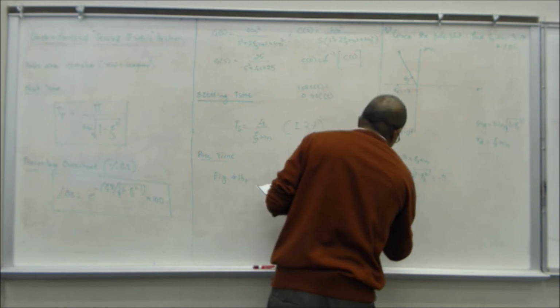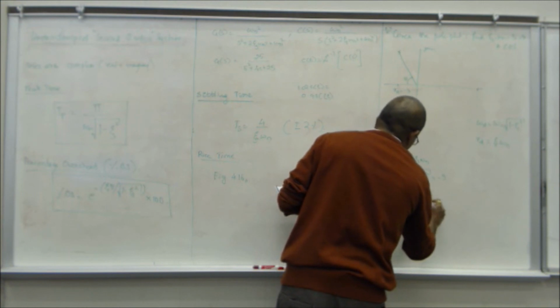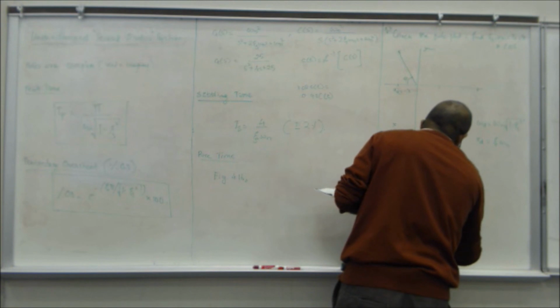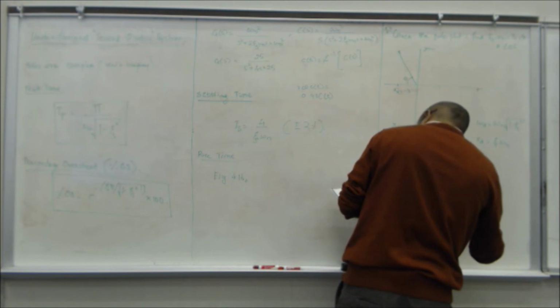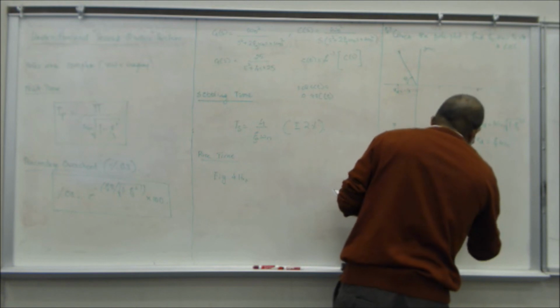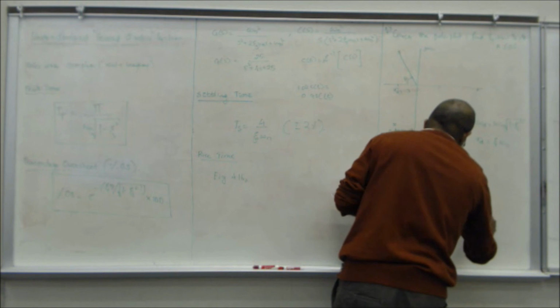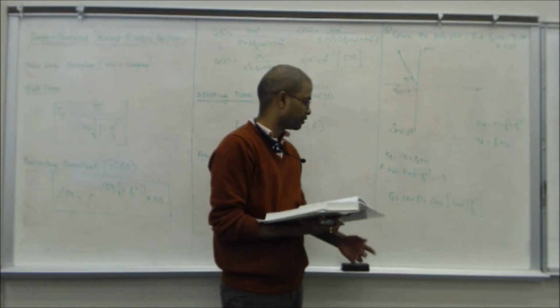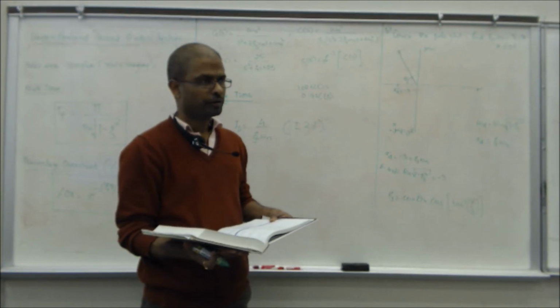So zeta is defined as actually cosine theta, and theta here is tangent inverse of 7 over 3. Okay. This is how zeta is. Zeta can also be defined like this. It's just defined as cosine theta.